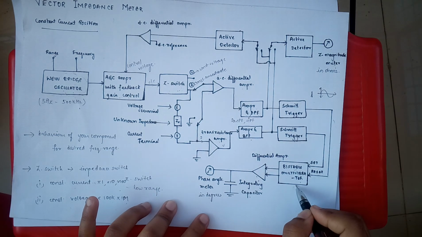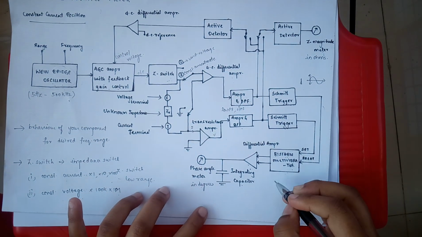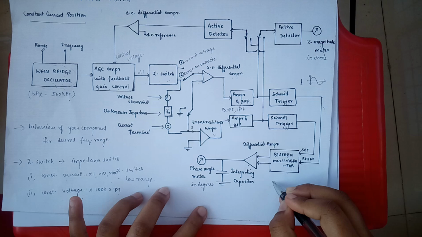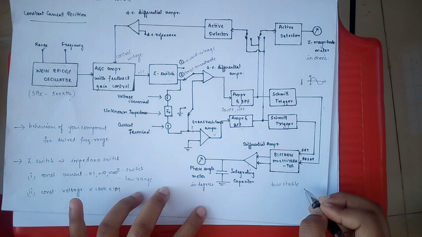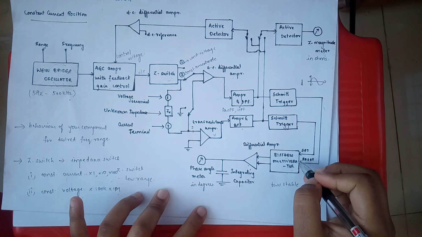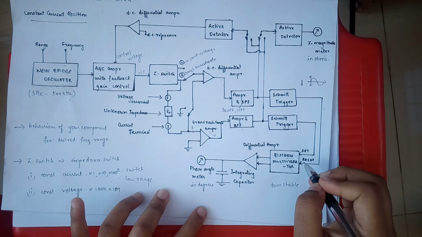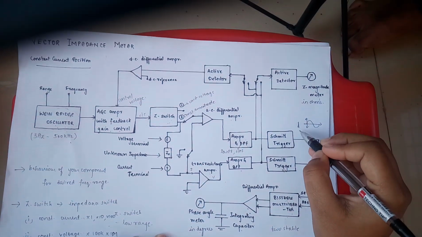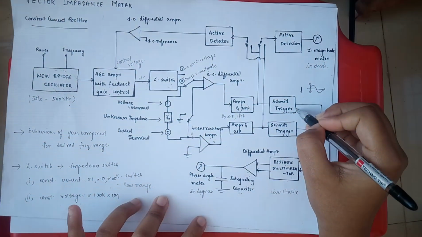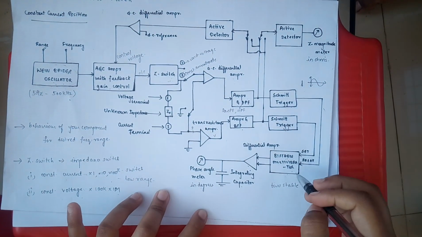The bistable multivibrator, as you know, has two stable states and is triggered into either of the states only when triggers are applied. So it does not change state until an external trigger is applied. These triggers are provided by the spikes which the Schmitt trigger provides.